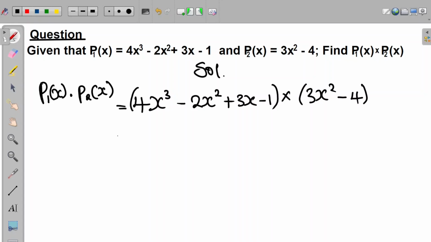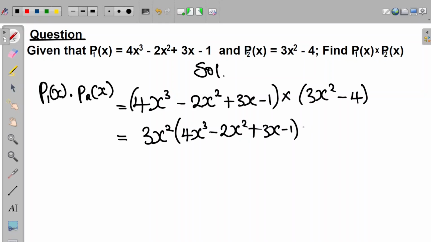So at this point, the expression becomes 3x squared, open a bracket, multiplied by 4x cubed minus 2x squared plus 3x minus 1. Also, we have minus 4 multiplied by 4x cubed minus 2x squared plus 3x minus 1.